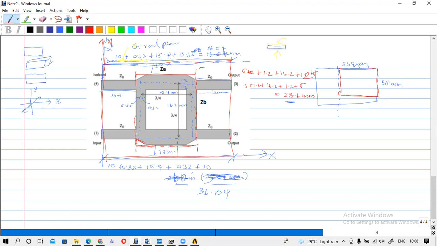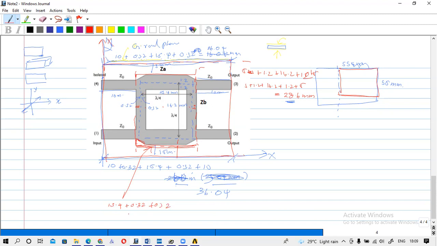You can see that it is 0.24 plus 15.4 plus again 0.24. So the length of this section is 15.4 plus 0.23, this section plus this section 0.23.